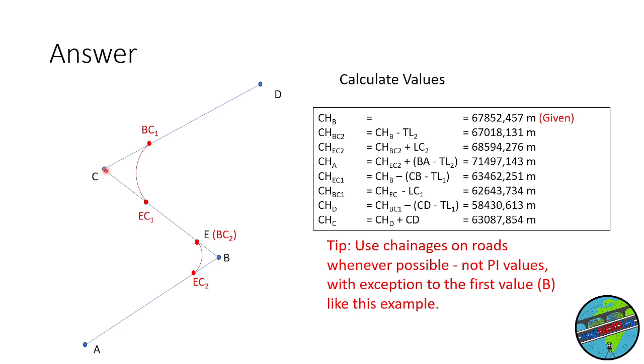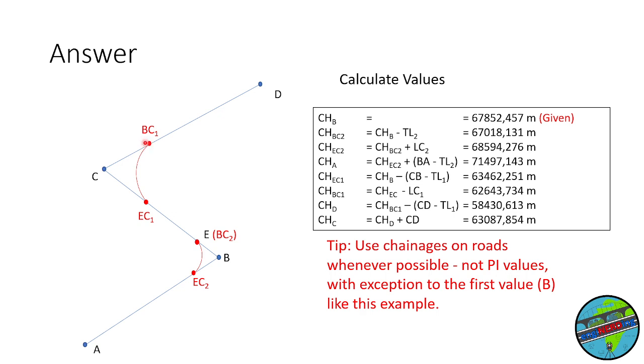So we'll say CB minus this tangent length and minus this tangent length to get this distance in the middle. So BC2 minus that length will give us our EC1.